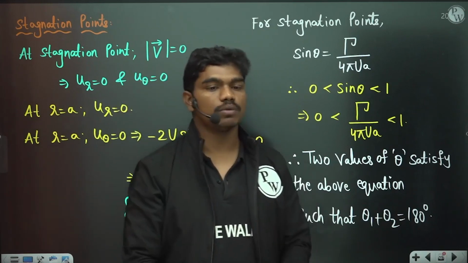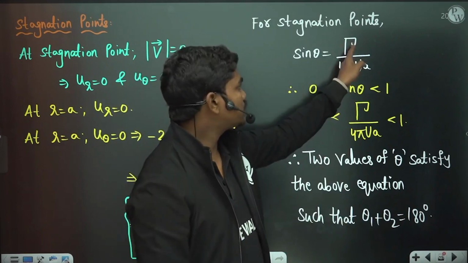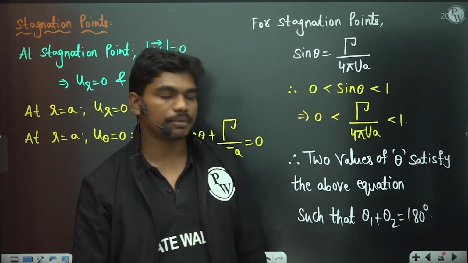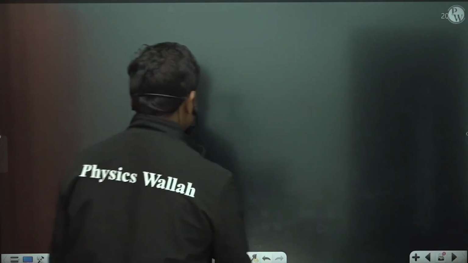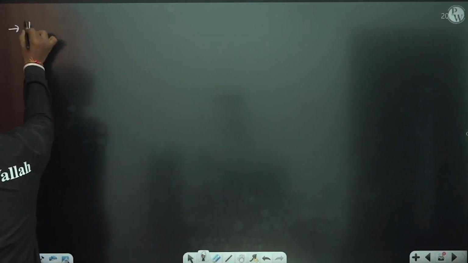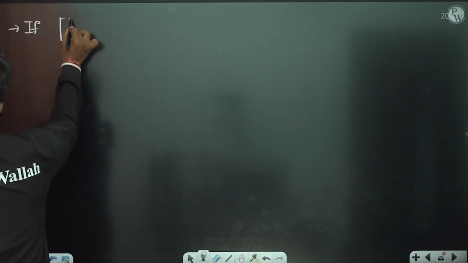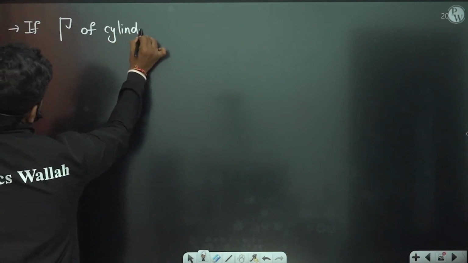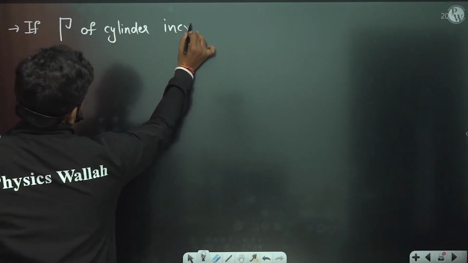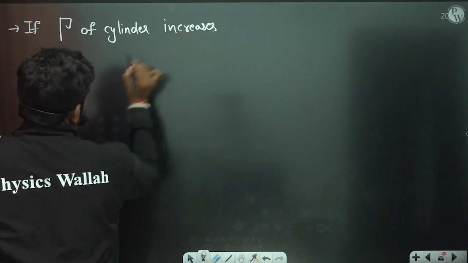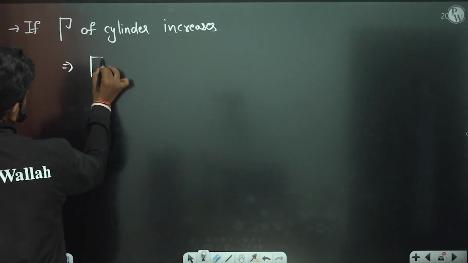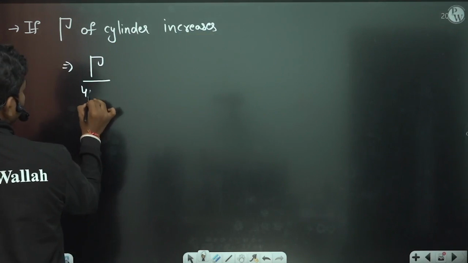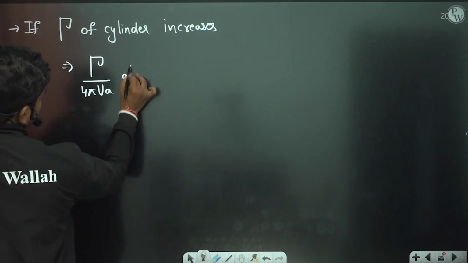So in such a case, what happens if the circulation of the cylinder increases, for example? This implies that circulation divided by 4 pi u a also increases, correct?